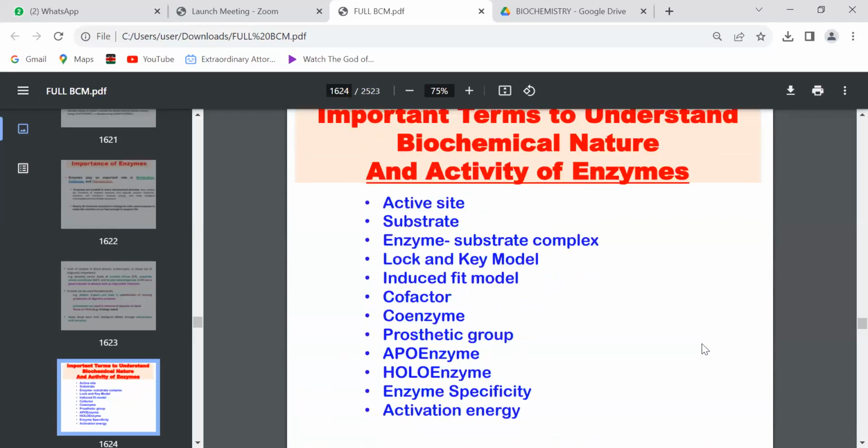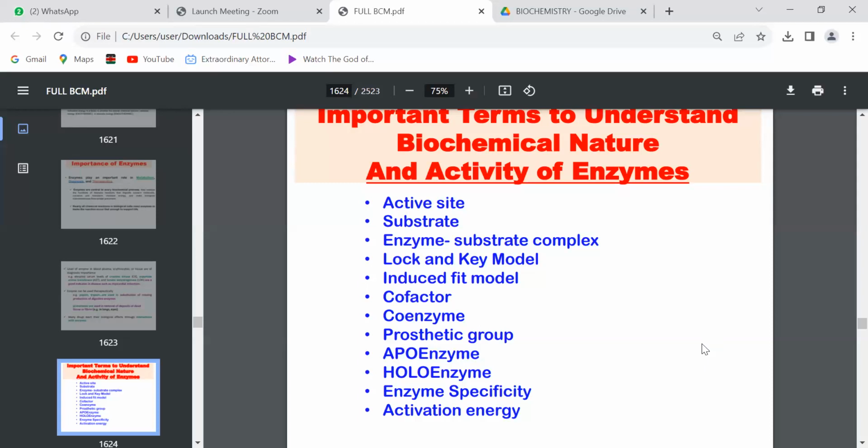Then there are some of the important terms that we'll need to at least understand going forward doing enzymology, and also for other units. I'm sure other people will now be talking about enzymes and substrates. So now we need to get the basics right. The active site is just a very small part in the enzyme where the substrate binds. A substrate is the reactant in that whole reaction. When the enzyme and the substrate bind, they form the enzyme substrate complex.